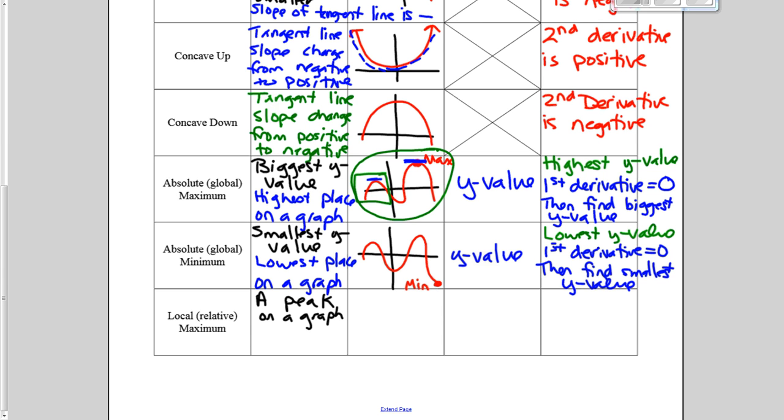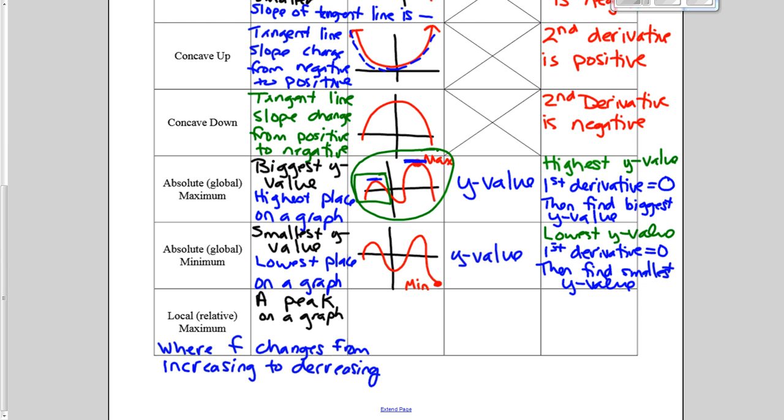So in terms of that, another definition for a local max is where f changes from increasing to decreasing. So it's literally where my function starts going up and then reaches a peak and then starts going down. So my function is increasing at first and then it becomes decreasing.